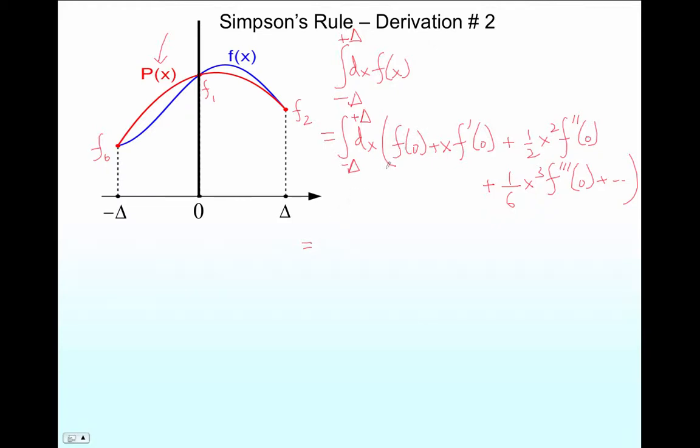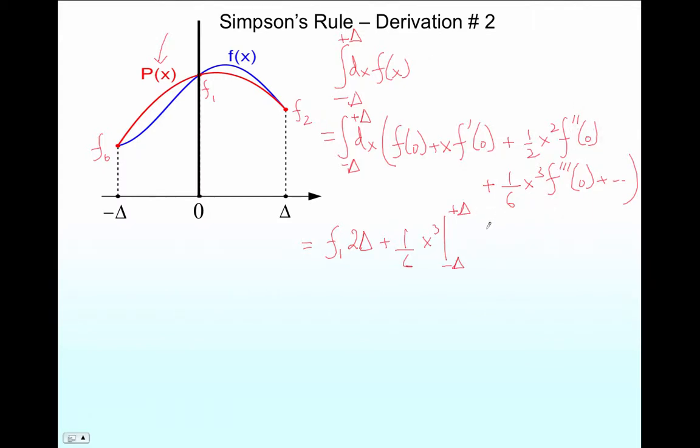Now, when we do this integral, or the different integrals inside it, we get, first of all, f of 0, which is f1 into 2 delta. The second integral is the integral of x between plus and minus delta, so that's 0. It's an odd function. The third integral will give us 1/6 x cubed between minus delta and plus delta, times f double prime at 0.